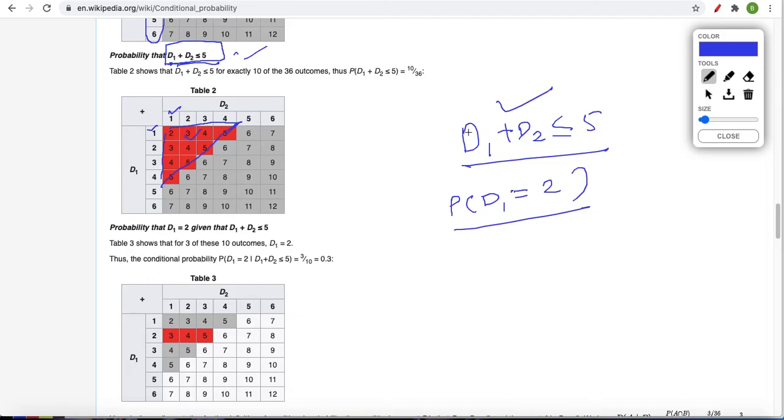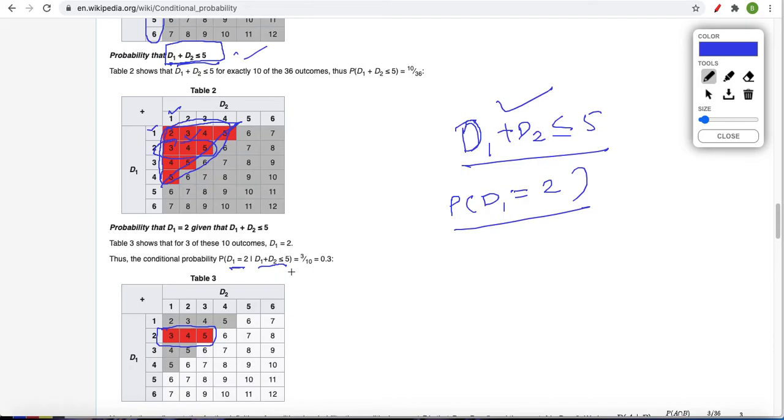That means the output on d1 plus d2 added is at most 5, so this is the total sample space, right? In this sample space, what are the chances of d1 showing 2? Only this row, right? Only this portion indicates d1 as 2. So we want the probability of d1 equal to 2 given that d1 plus d2 is less than or equal to 5.